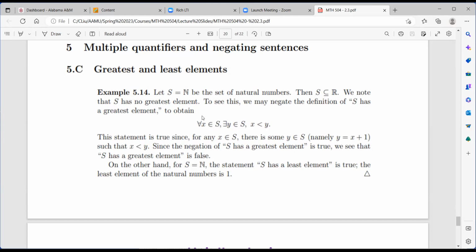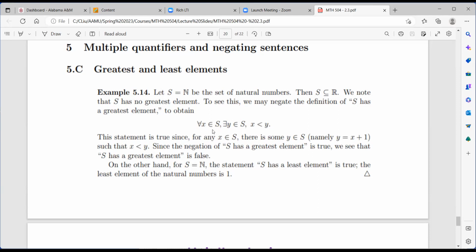So if you are given an arbitrary natural number x, you can always find another natural number y such that x is less than y. And that is true because you can let y equal x plus 1, for example, or x plus 2, right? Given x, you can always find such a y.